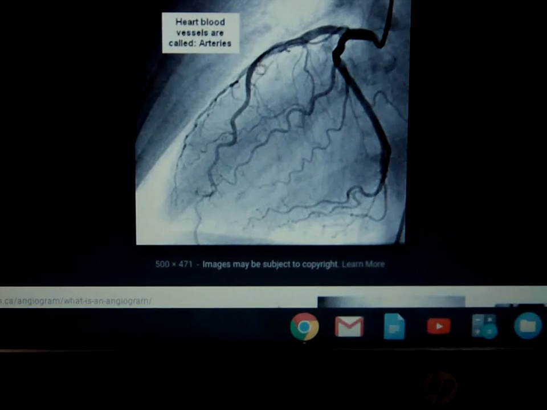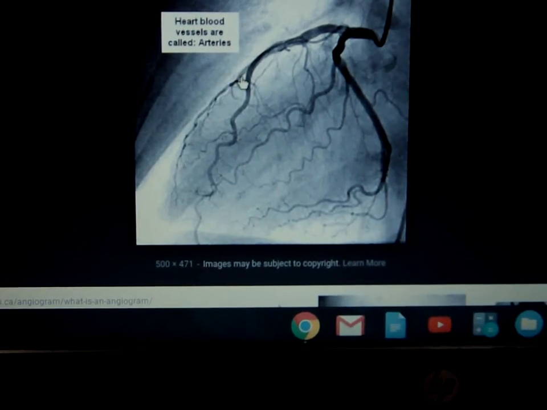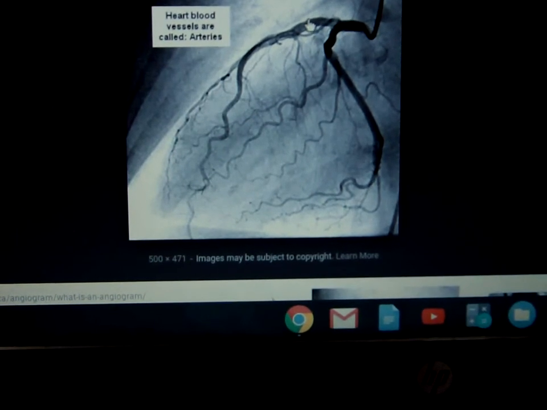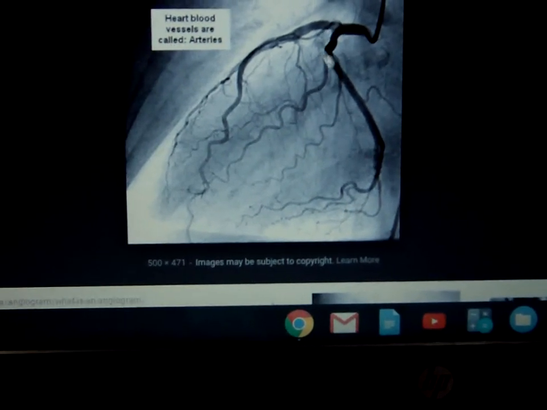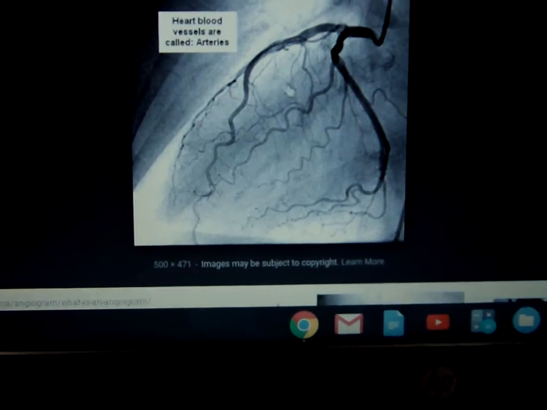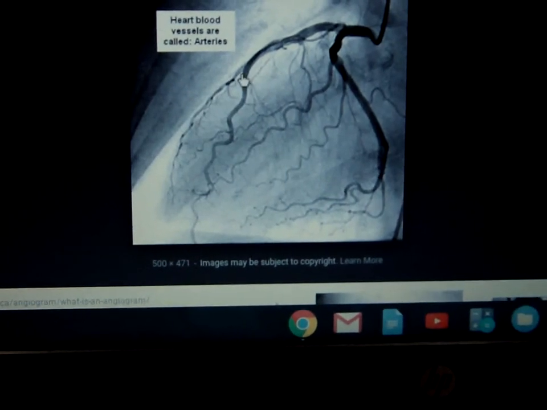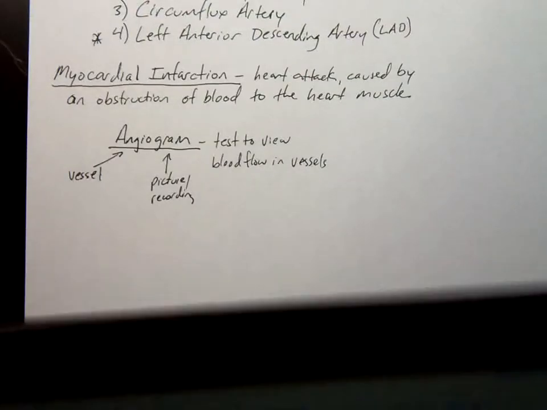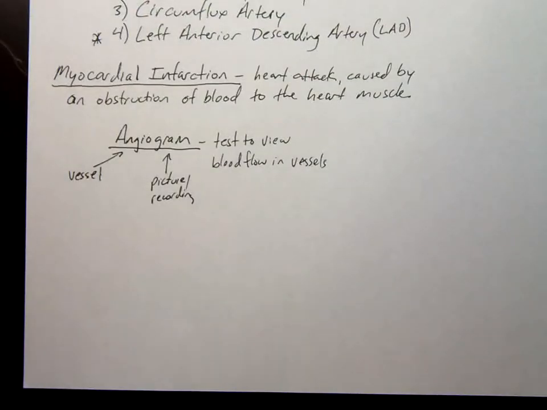Yeah, like right through here. This looks good right here. That is what the blood flow should be, nice and dark, like blood's flowing through there, no trouble. But here we have some sections that are not showing up as well. Let me see if I can find some others here. There we go.